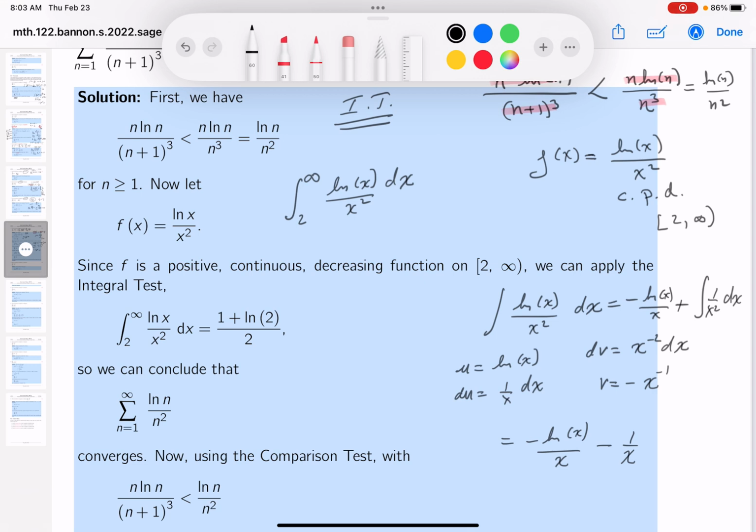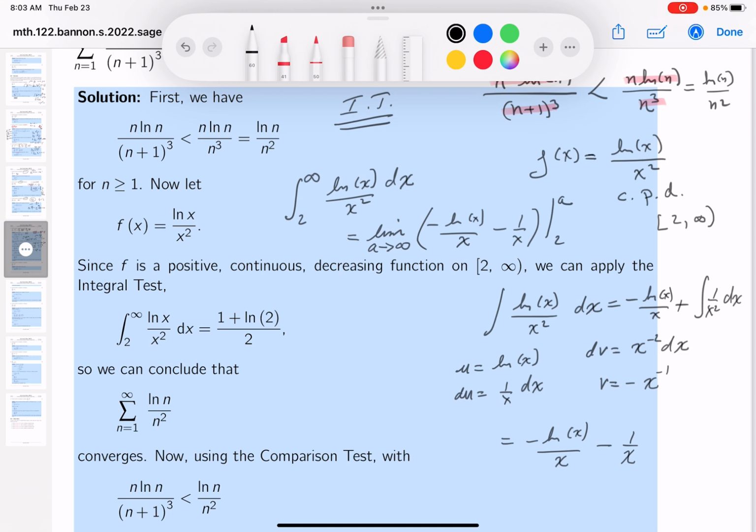There's going to be a limit as a goes to infinity. And let me write the antiderivative down now: minus the natural log of x over x minus 1 over x. The limits of integration are going to go from 2 to infinity. Well, I'm sorry, I keep doing that. I have to erase that. It's not true. This infinity is not infinity, it's just the finite number a. Then I'll do the limit.